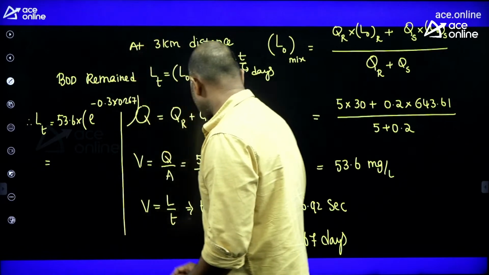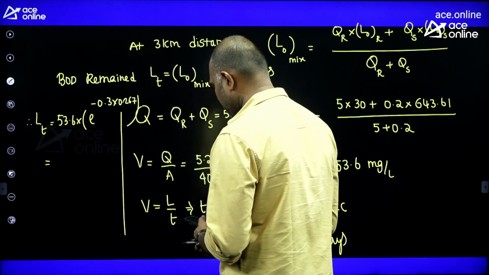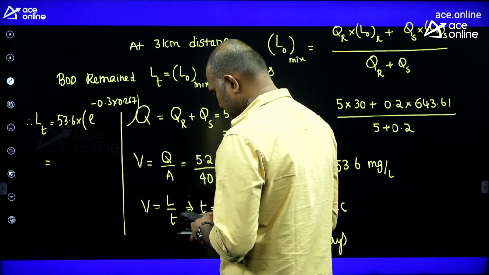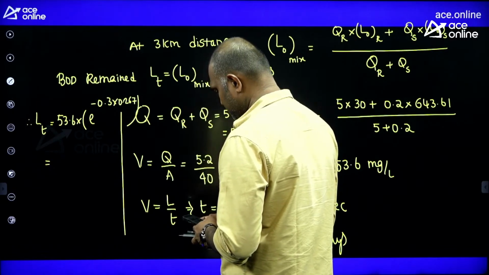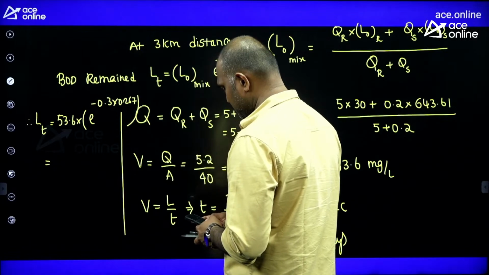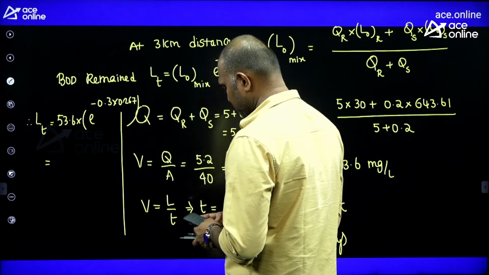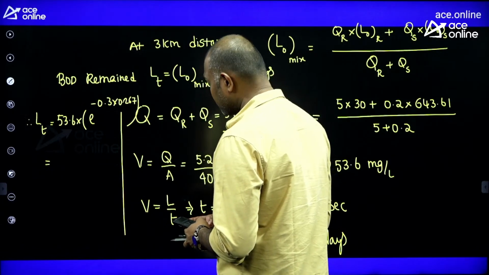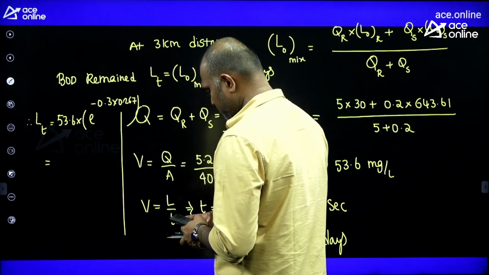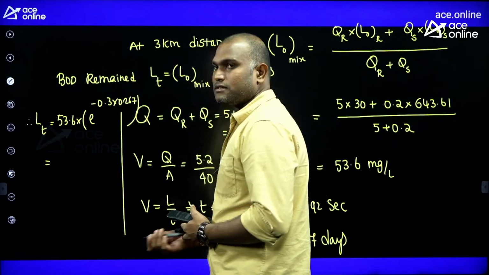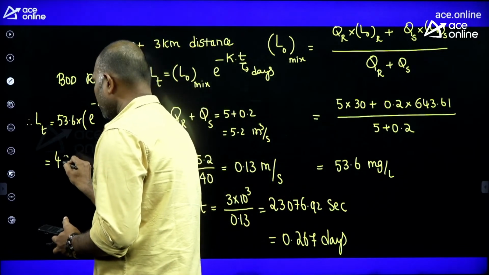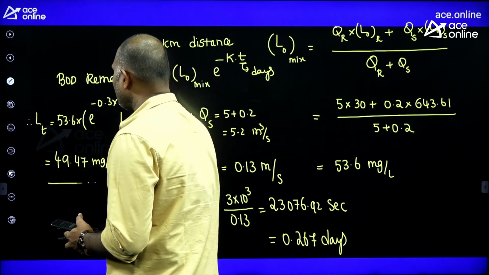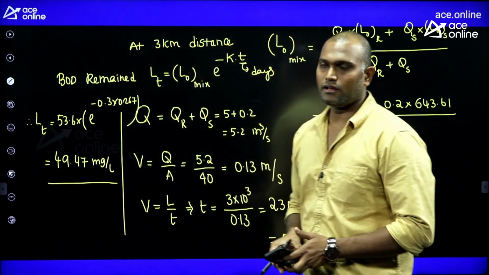So this is going to be the value. So you will get 49.47 mg per liter of BOD still present in the water.